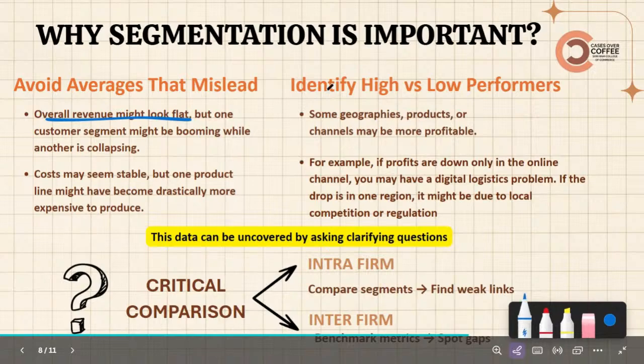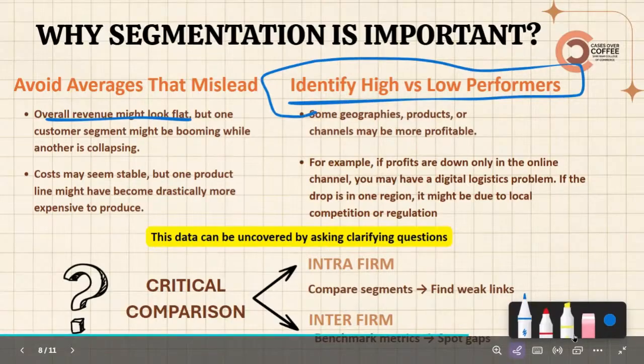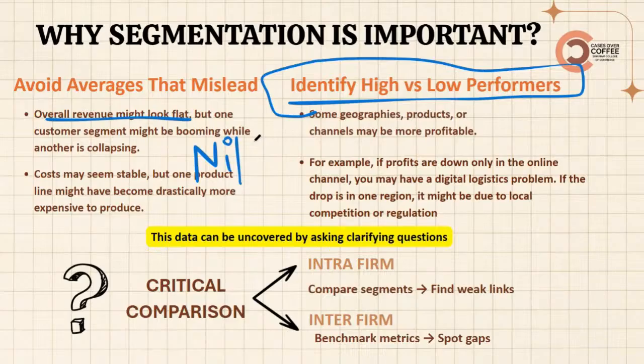Similarly, we try to identify the high performers and the low performers. For example, I can again explain this with an example. Let's say we have Nike, they have offline stores, and they also sell online. Now in this case, what happened? Let's say the offline stores are doing pretty well, and their online has fallen down, or vice versa.